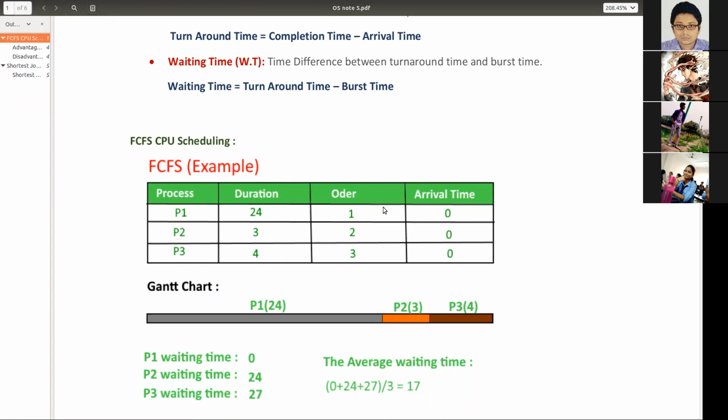That means if there is no order field, we will still follow P1 has come first, then P2, then P3.